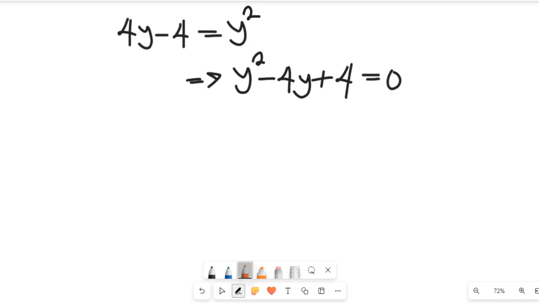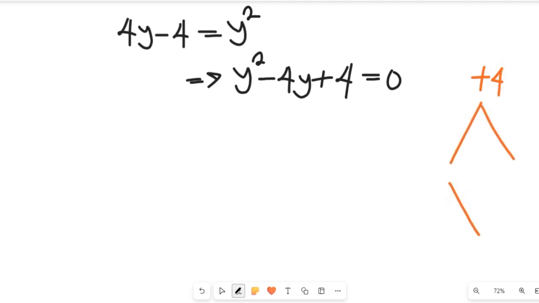Fine. Now, from this quadratic equation, we are going to find two values such that if we multiply them, we are going to have a positive 4, and once we add those two values, we'll have a negative 4. So what are those two values? Now let's assume those two values are 2 and 2.